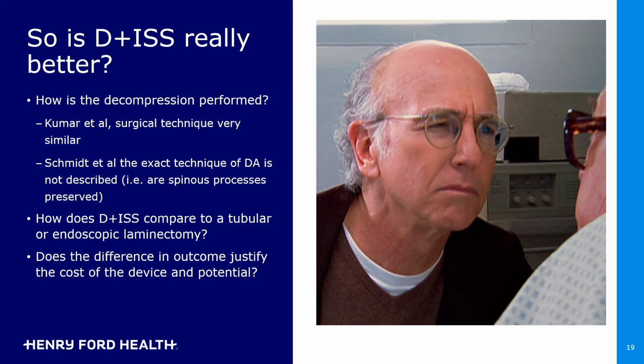But in the randomized paper, they didn't really talk about how the laminectomy was done. Whether this was done traditionally where you're taking down the spinous process, or done minimally invasively, that's not clear. And then the question is how this technique compares to more modern ways of decompressing the spine, either a tubular or endoscopic laminectomy.